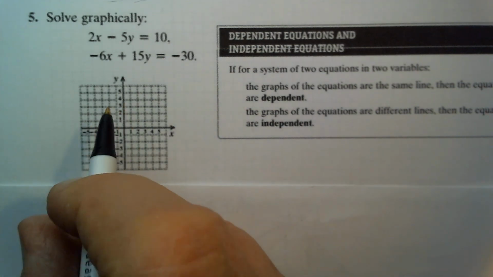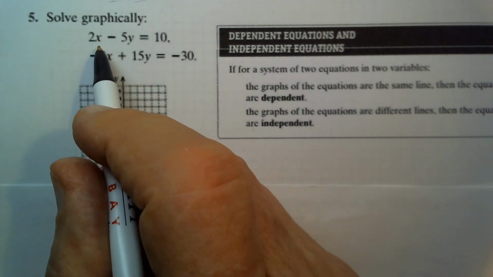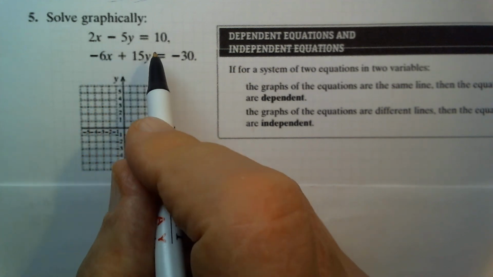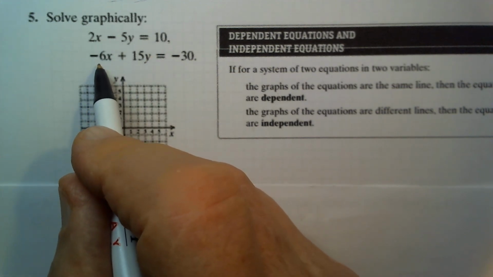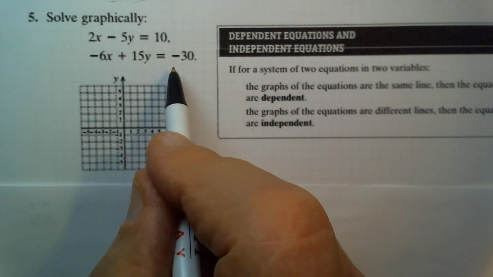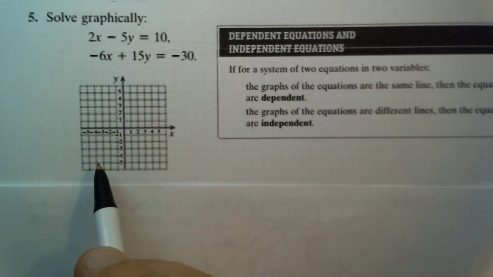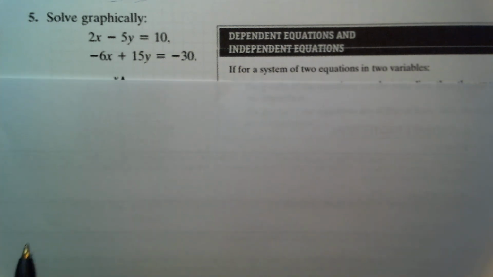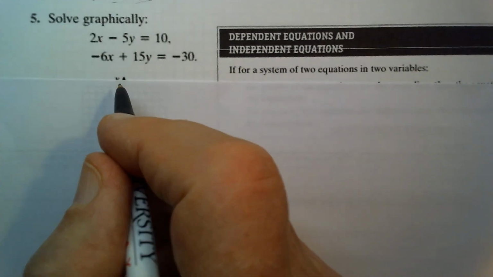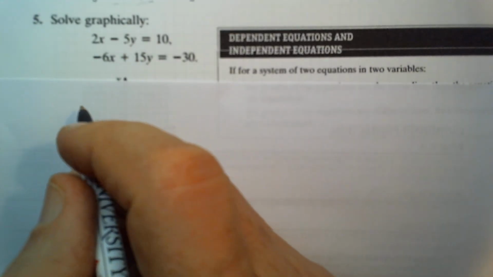Next, let us solve graphically the system of equations 2x minus 5y equals 10 and minus 6x plus 15y equals negative 30. So let's graph these two equations. Let us solve each equation for y. So we subtract 2x on both sides.